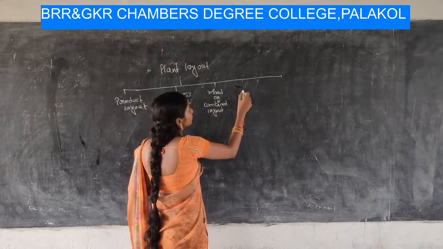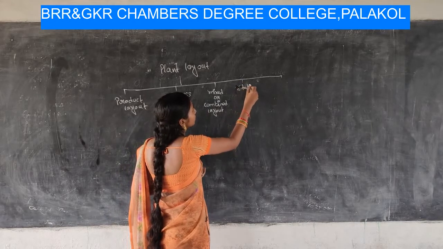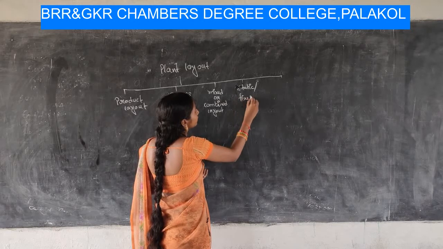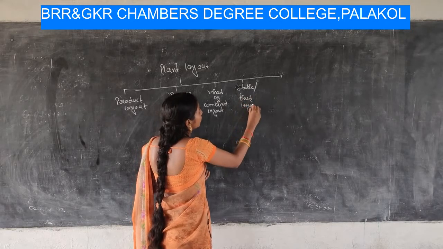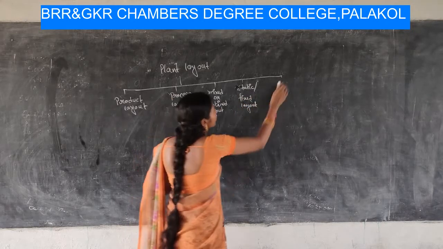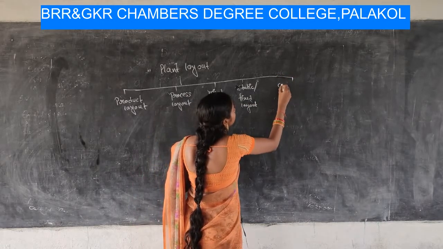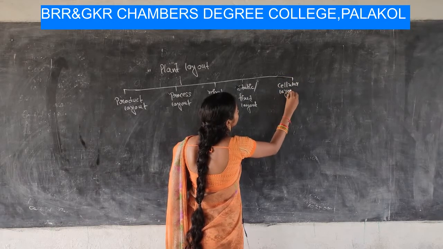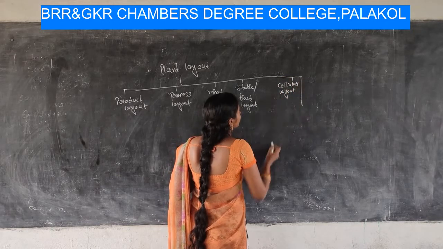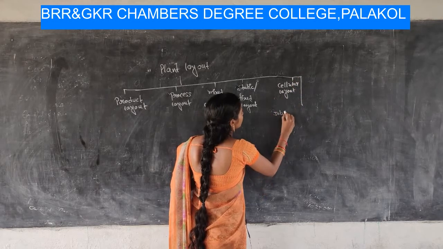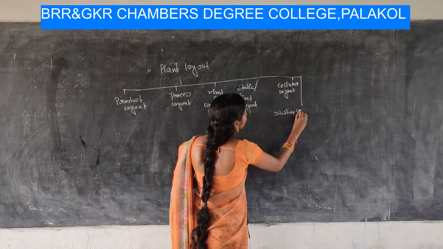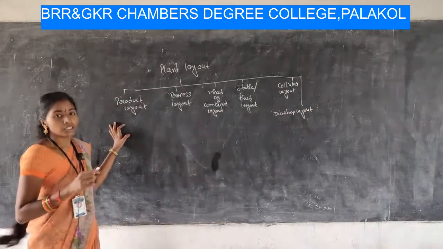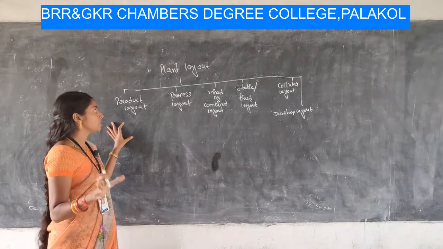Next one, static or fixed layout. And cellular layout. And next one is job shop layout. So the plant layout is categorized into 6 types.